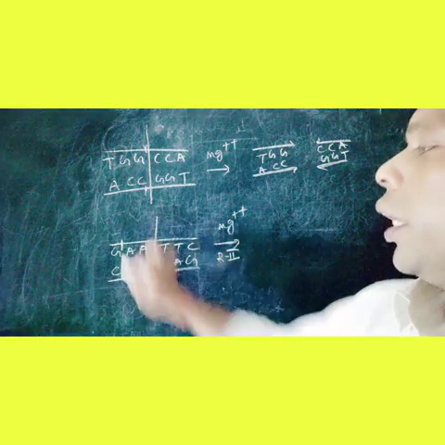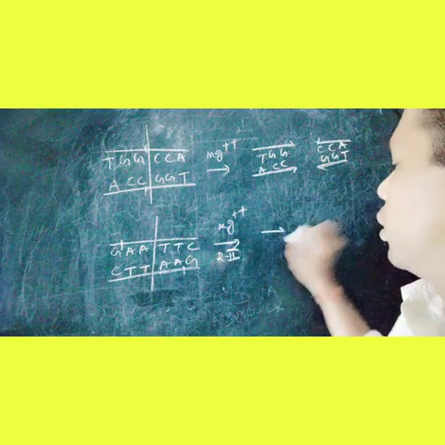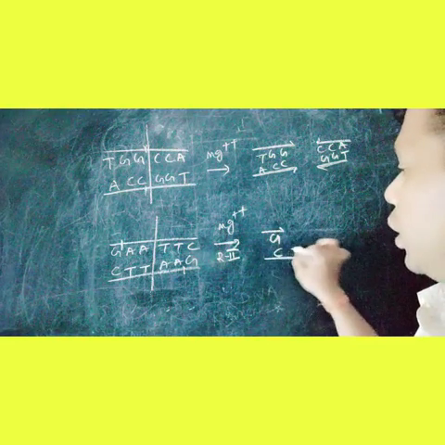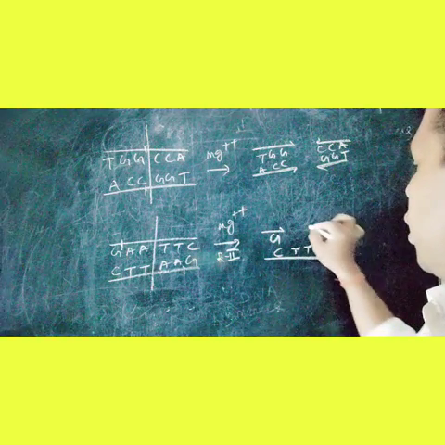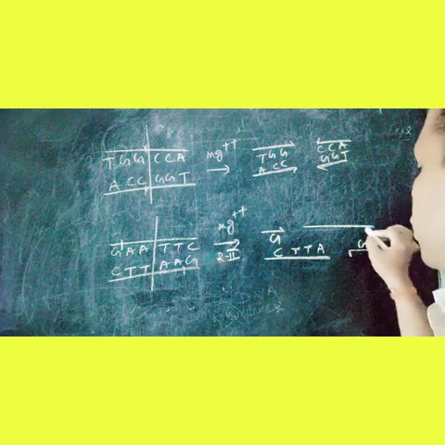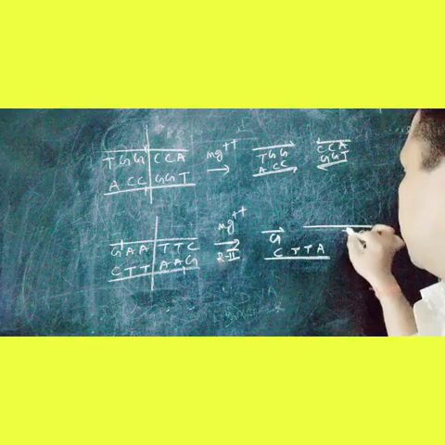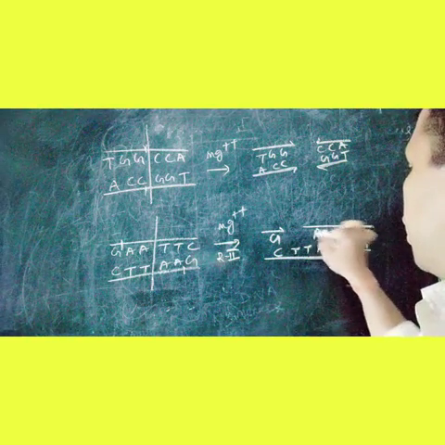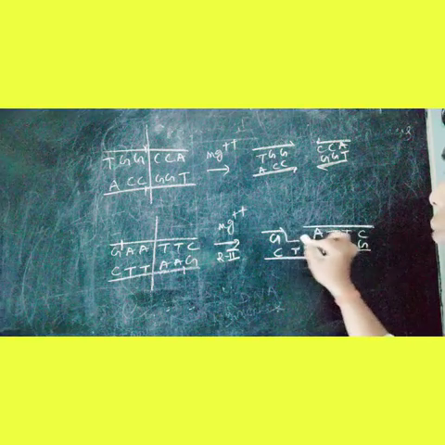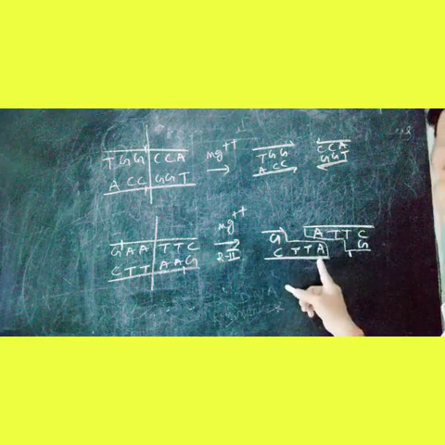It cuts the DNA at the location G, so here G, C, T, T, A. Another location site here G, C, T, T, A. These are the palindromes which are cut, producing this sticky or cohesive end.